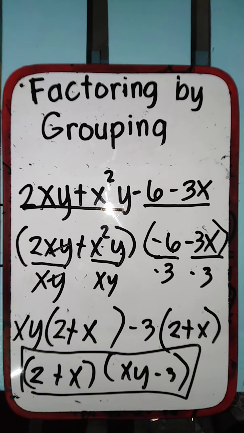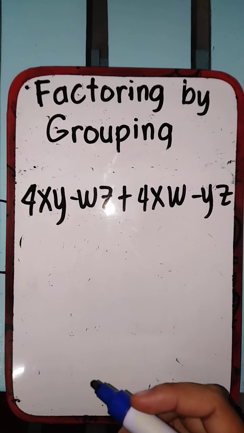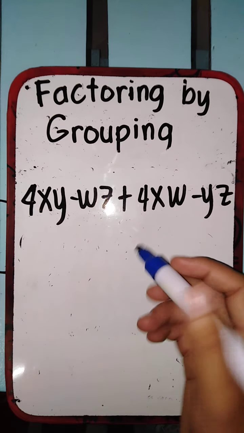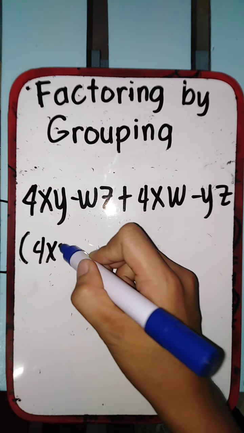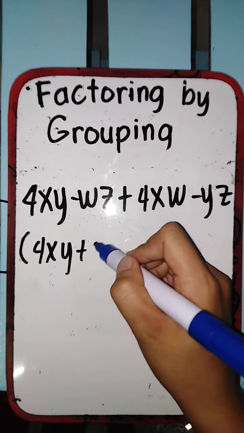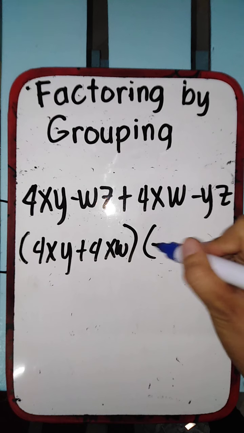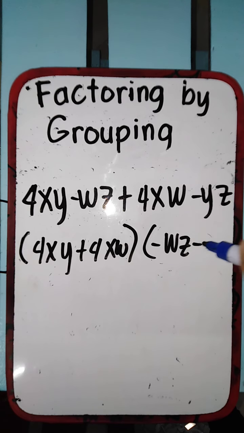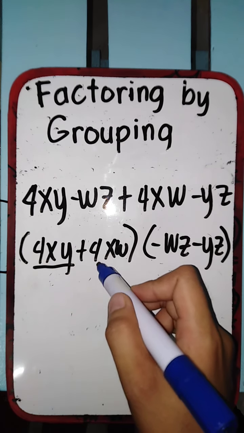Okay, last example. We have 4xy minus wz plus 4xw minus yz. Again, we are going to group this according to its common factor. Our first group is 4xy plus 4xw, and our second group is negative wz minus yz. Then find the common factor for 4xy and 4xw.